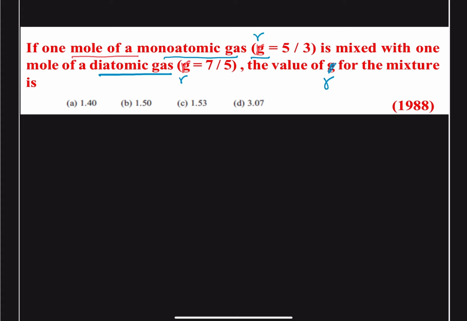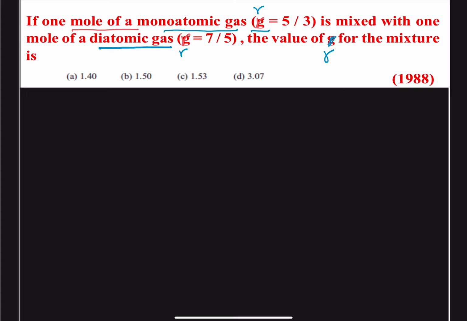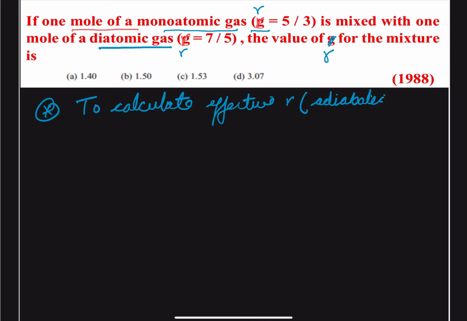So we start with the basic, to calculate the effective adiabatic index, effective gamma, for a mixture, a formula based on the degree of freedom and number of moles of each gas will be used.